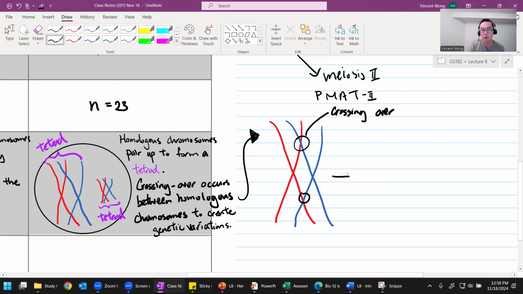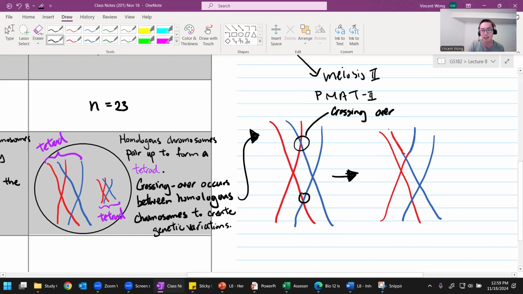Afterwards, basically the red and the blue switch places. In the end, you're going to have the red chromosome that has swapped a little bit with the blue. And similarly, this is really hard to draw, sorry, the blue is going to have a little bit of red, right?